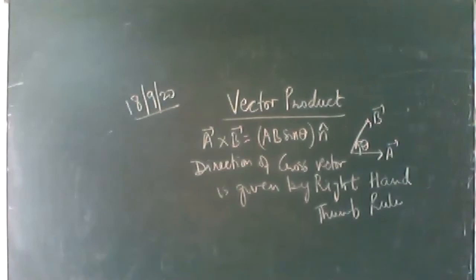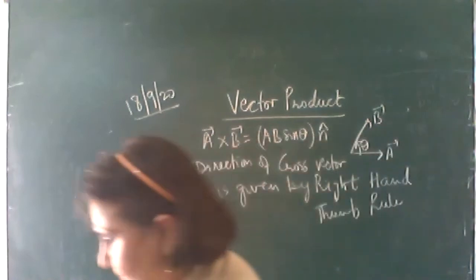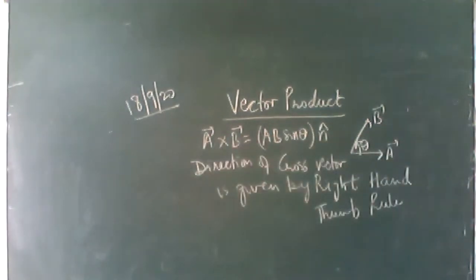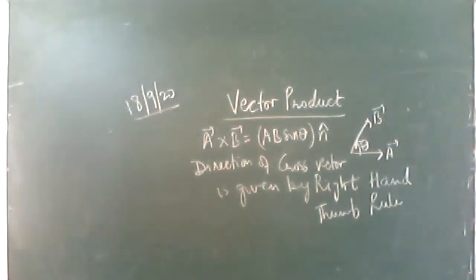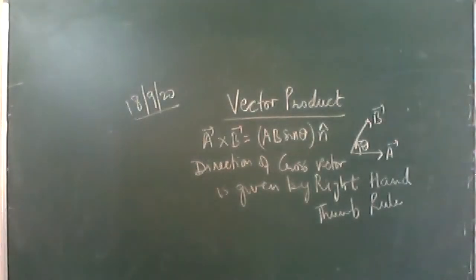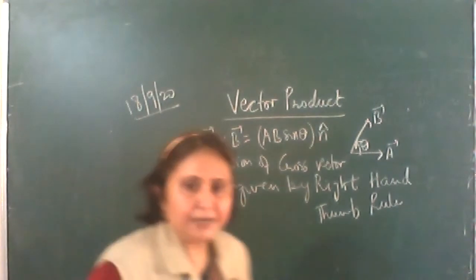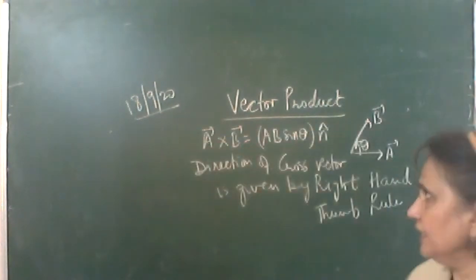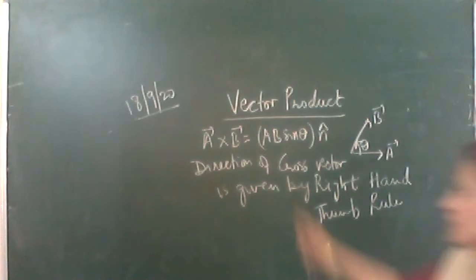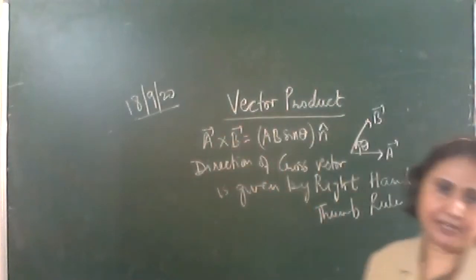So write down, the direction of cross product, that is n cap, is perpendicular to the plane containing A and B vectors.